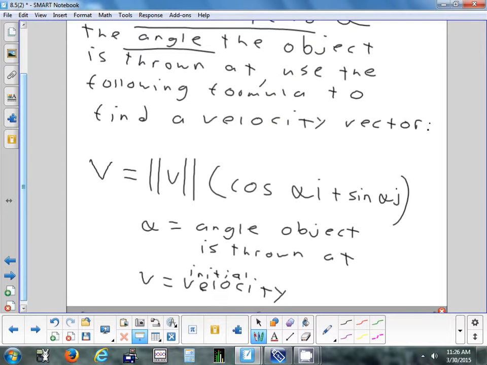So alpha is your angle. Magnitude of v is your velocity, or actually I could just say speed. Okay, so any questions on the formula or what the magnitude of v or alpha stand for?